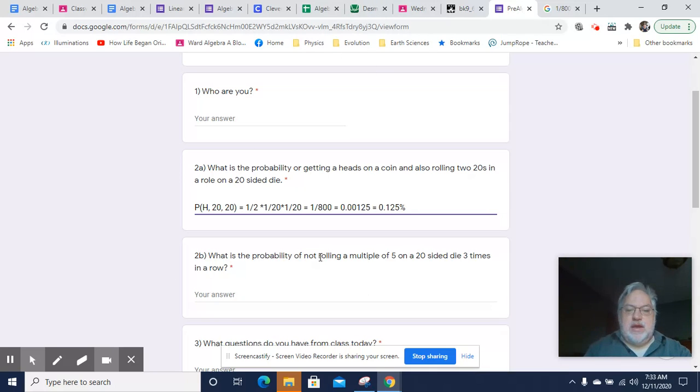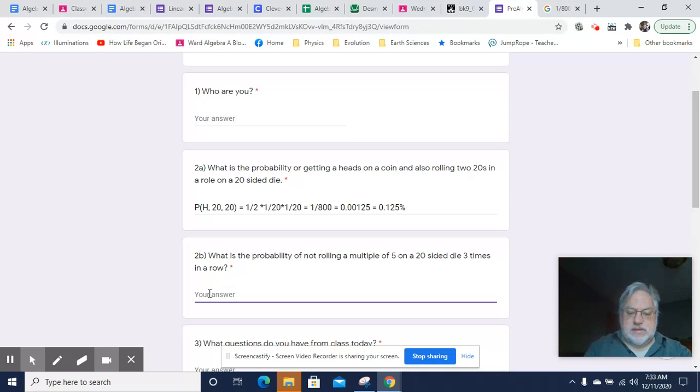What's the probability of not rolling a multiple of 5 on a 20-sided die 3 times in a row? All right, so what you've got to figure out right now is how many numbers on a 20-sided die are not multiples of 5. So 5, 10, 15, and 20 are forbidden.